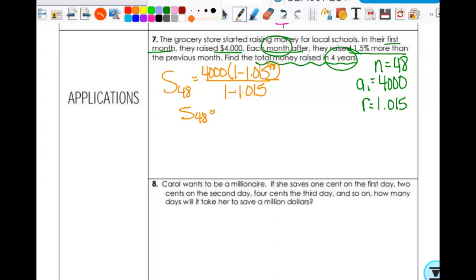Very good. So we've got 278,260.88, right? 2 decimal places, what makes sense here?